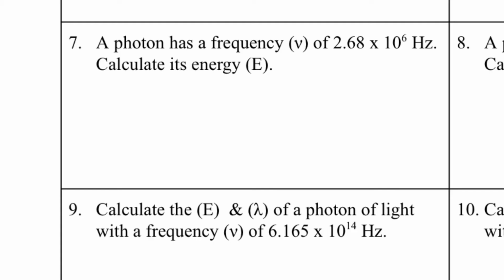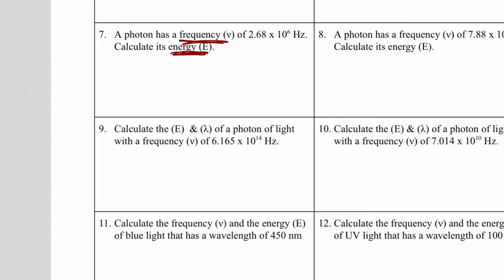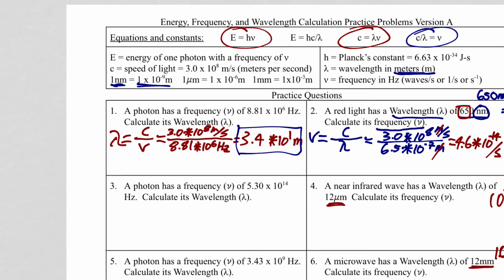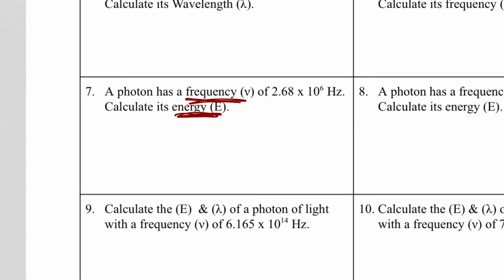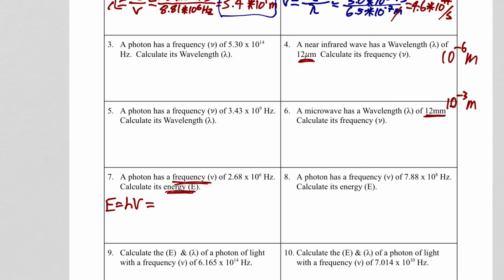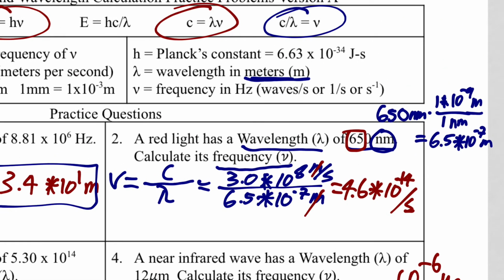Question 7, on the other hand, we're starting to get into energy calculations involving frequency or possibly wavelength. The equation you're going to use for this one is up here: E equals h nu. If you carry that equation down, E equals h times nu. You will need to find what h stands for. The h is 6.63, or 6.625, times 10 to the -34 joules second.